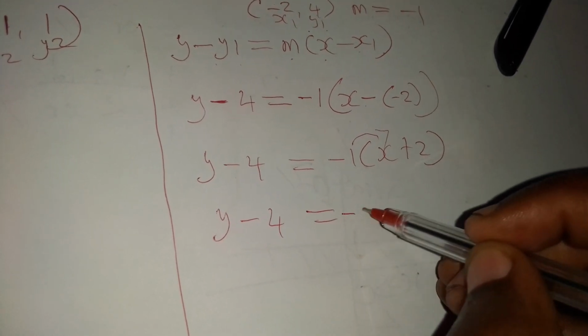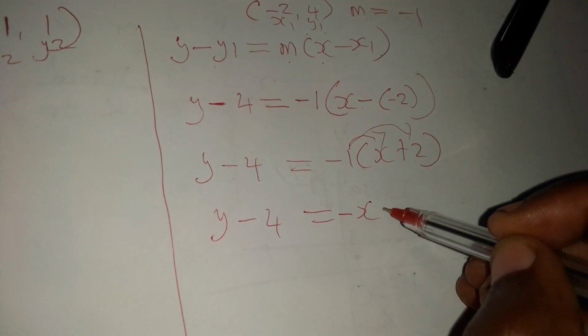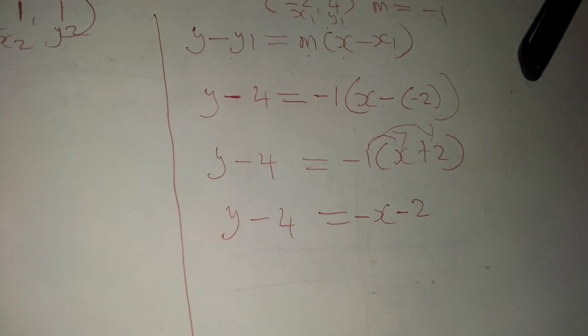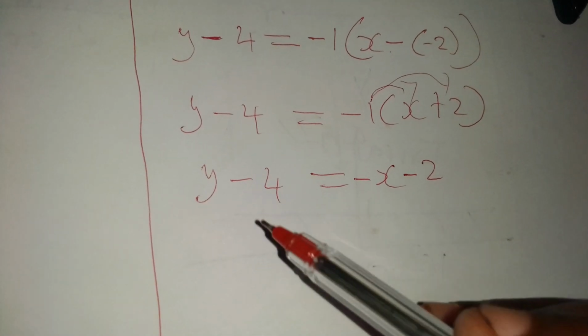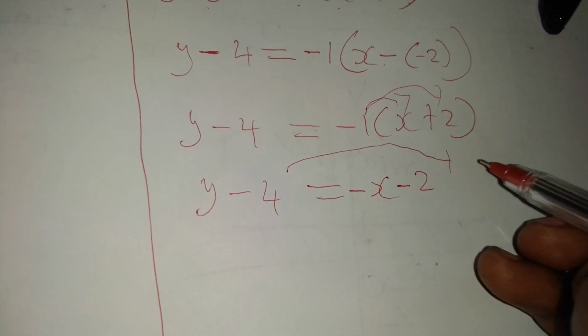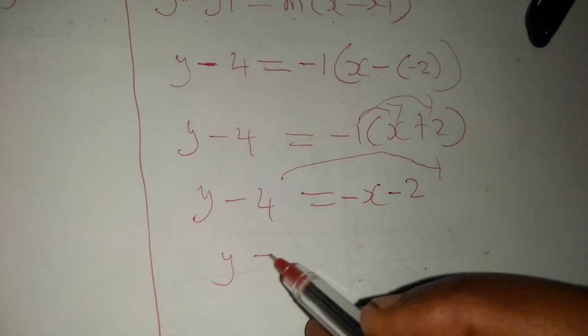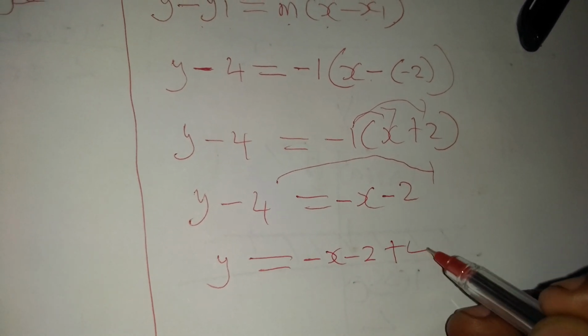-1 times x is -x. -1 times +2 is -2. When you reach this point, you just have to take -4 to the other side. This -4 will go to the other side, so that we remain with y equals -x minus 2 plus 4.